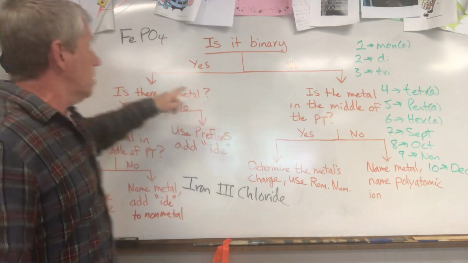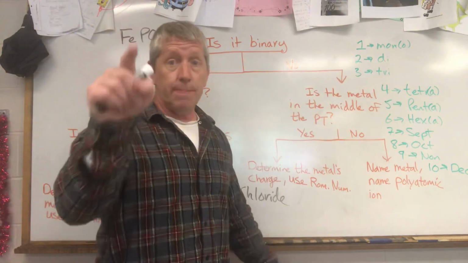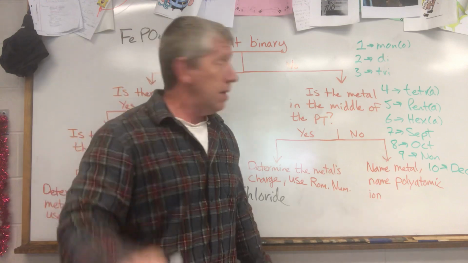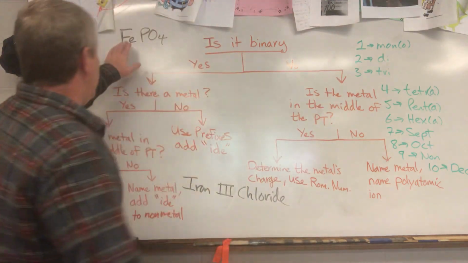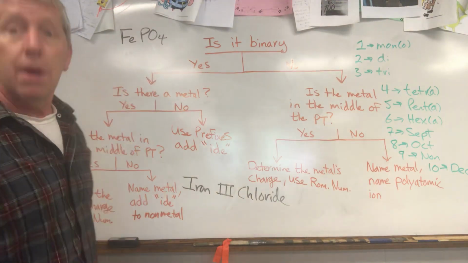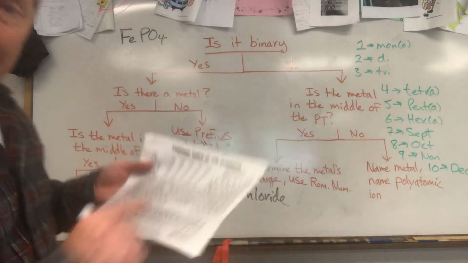No. 1, 2, 3 different elements. Not binary. That means there is a polyatomic ion. Doggone it, you gotta know. Is the metal in the middle of the periodic table? The metal, iron. Is it in the middle of the periodic table? It is. We just did this. Yeah, that iron is in the middle of the periodic table.